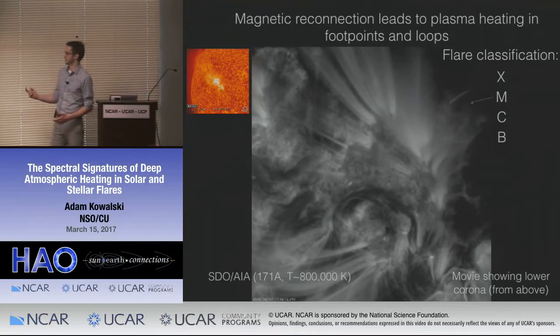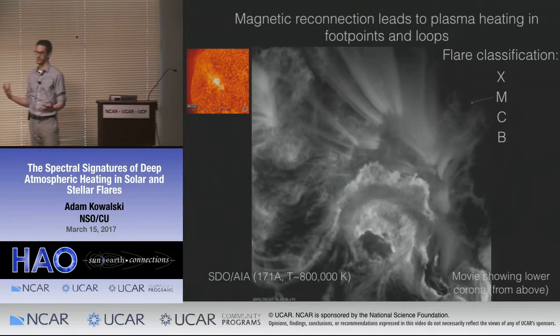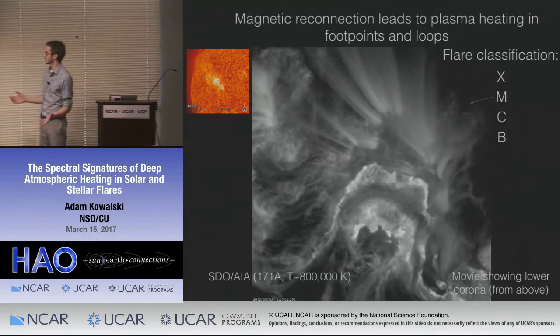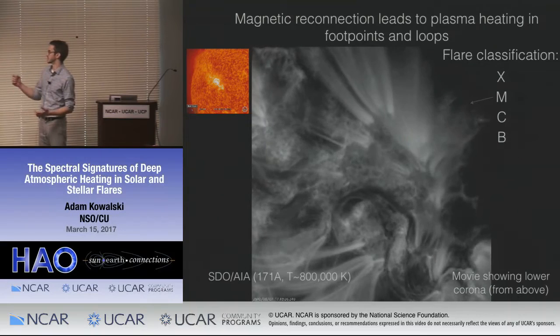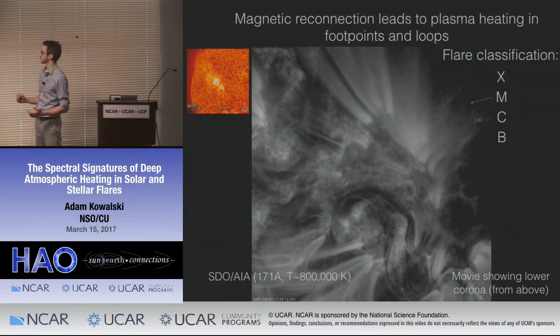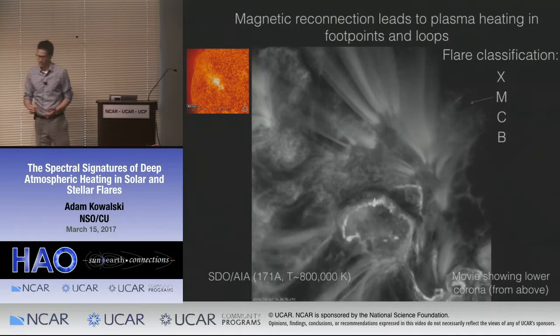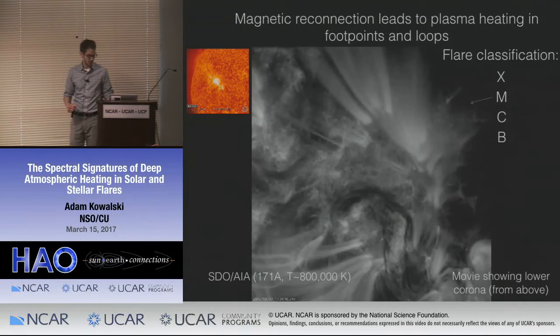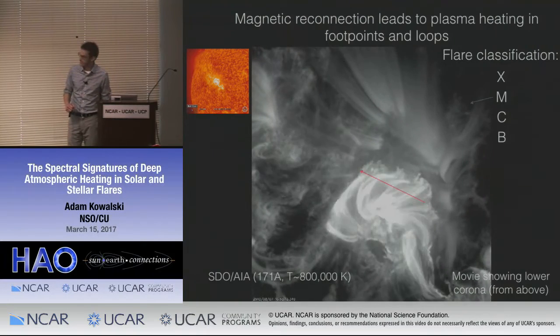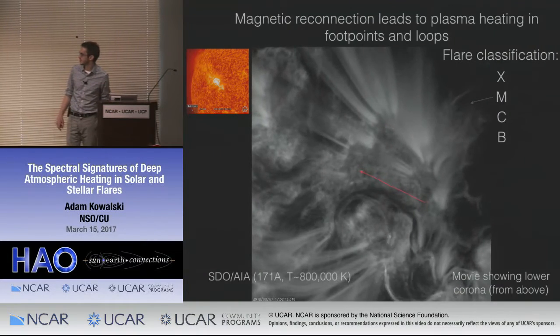So this temperature actually shows the two main features that show up in flares. First, the bright footpoints early on, right there, and then the loops later on in the flare. So there's the footpoints, and there's the loops. And there's some order to this chaos. There's first motion of footpoints in this direction, as you'll see.